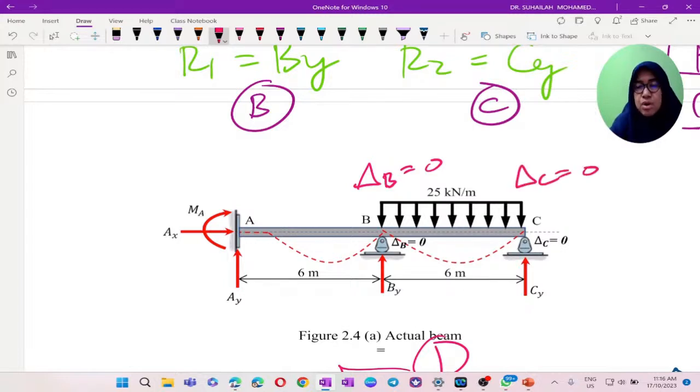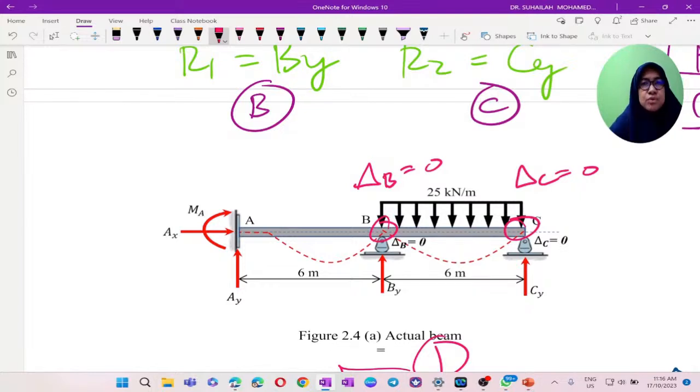Delta B 0, delta C 0 in actual beam because of the support. Okay, so we can see in the diagram when we draw deflection, it's going to be like this, going back to 0, because at support, displacement or deflection is 0.